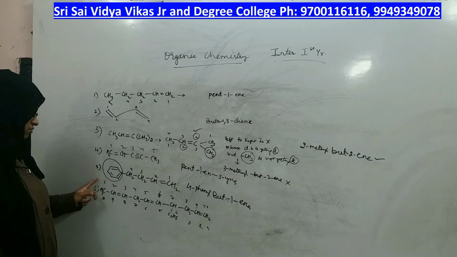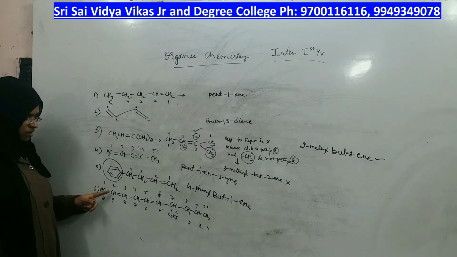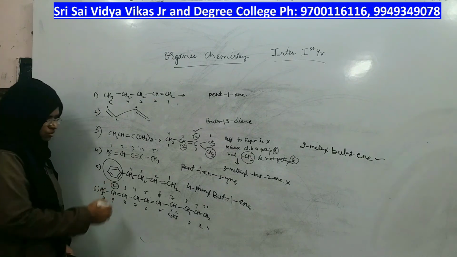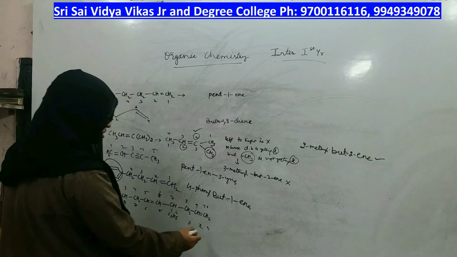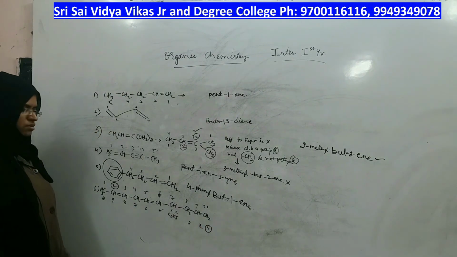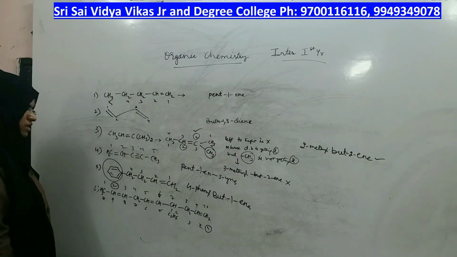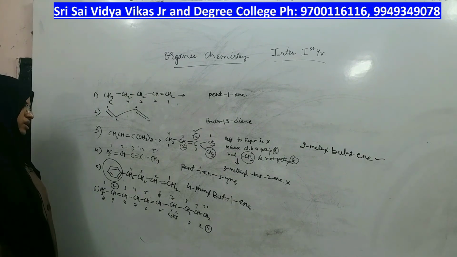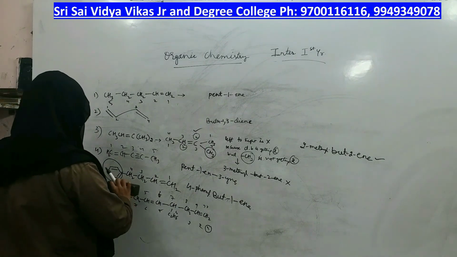If I give numbering from left side, double bonds are getting least possible number as 2, and bottom numbering, double bond is getting least possible number as 1 only. So least possible number, what is the least possible number between 1 and 2? 1 is the correct one, 2 is the wrong one. Therefore, top numbering is wrong and bottom numbering is correct.